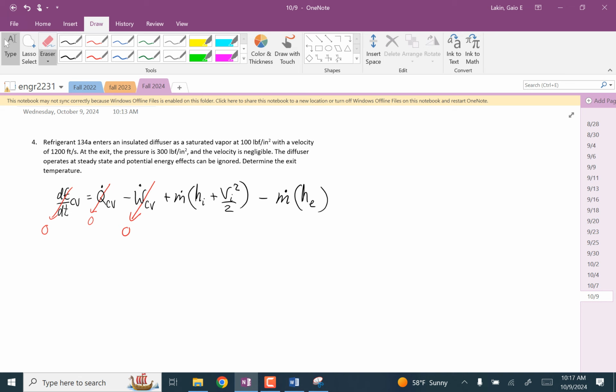Okay, so what we got is, I guess, m dot times HE minus HI is equal to, oh, well, everything's m dot, so we can divide everything by m dot, and you get this is equal to VI squared over 2.